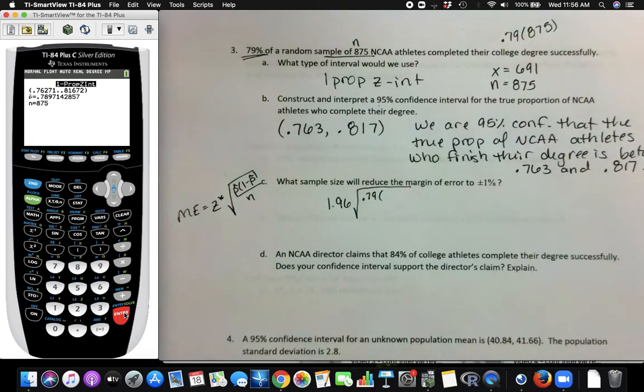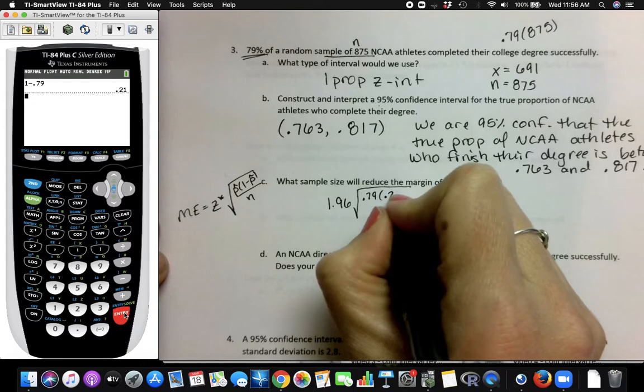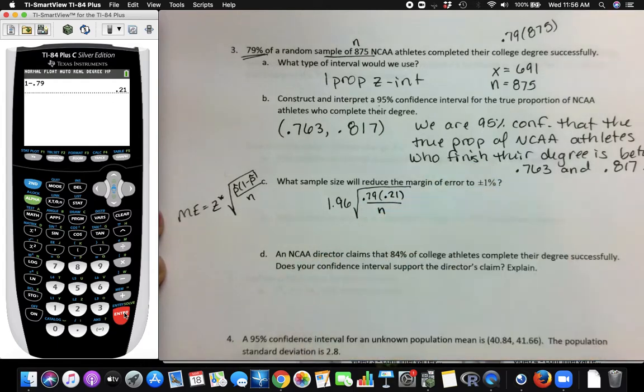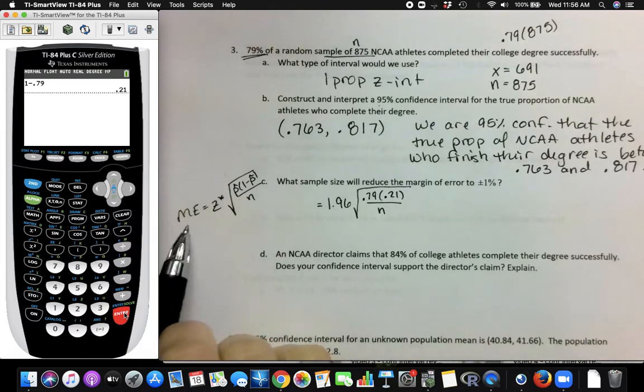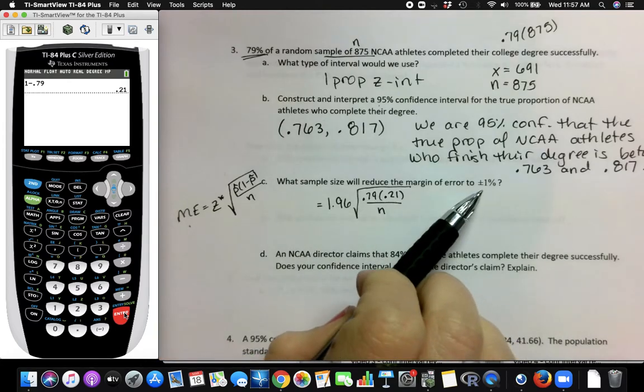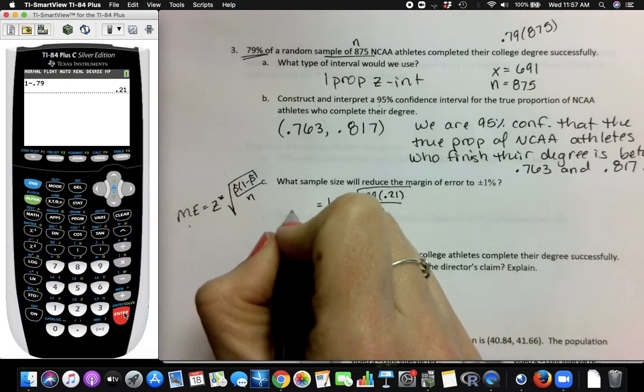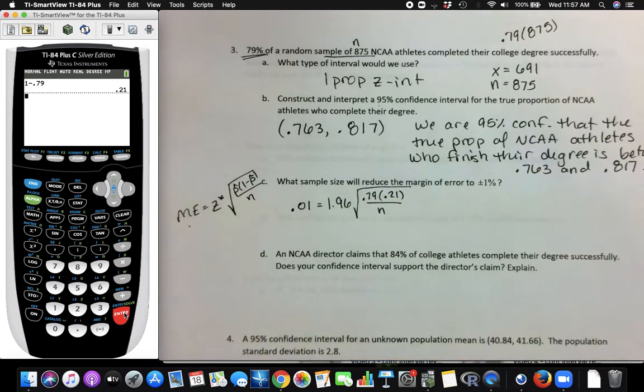And then instead of putting 1 minus 0.79, I'm going to go ahead and compute that. That'll just make my math a little bit easier later. And that's divided by n. Now, when we make this equal to the margin of error, what you have to remember is we always convert percents to decimals. So we don't just make this equal to 1, we have to make it equal to 0.01 to convert that from a percent.